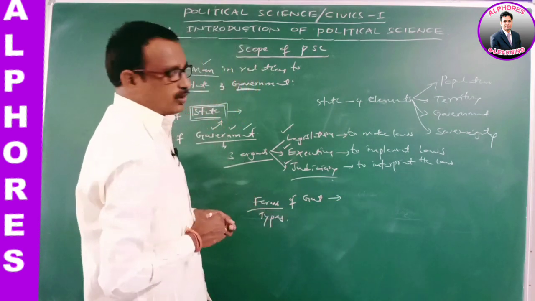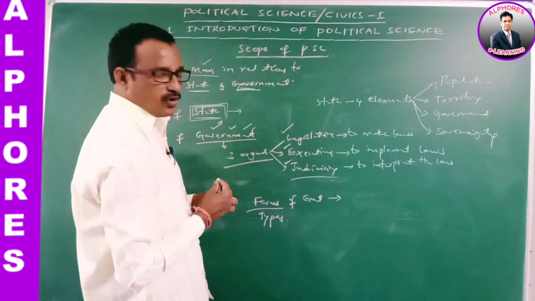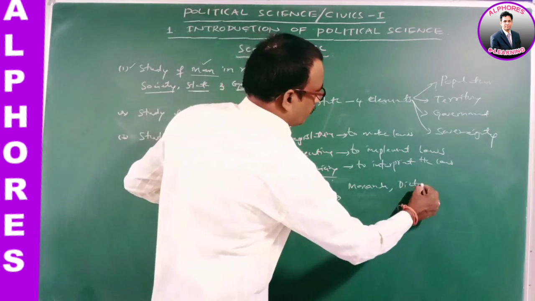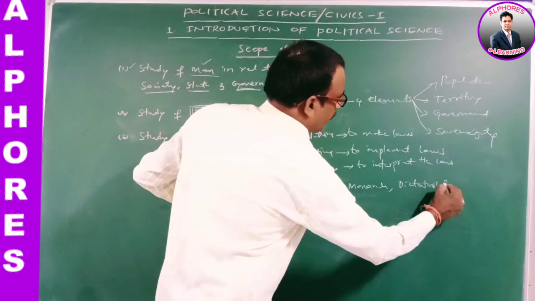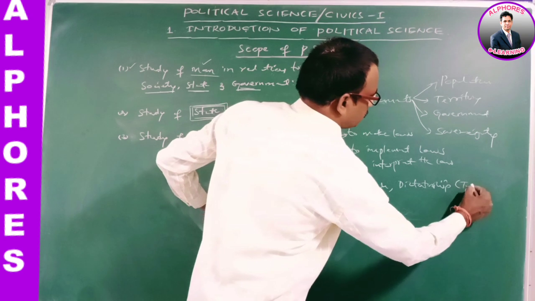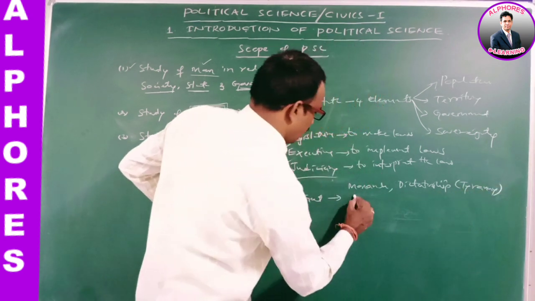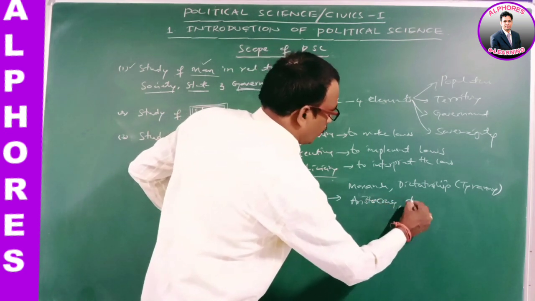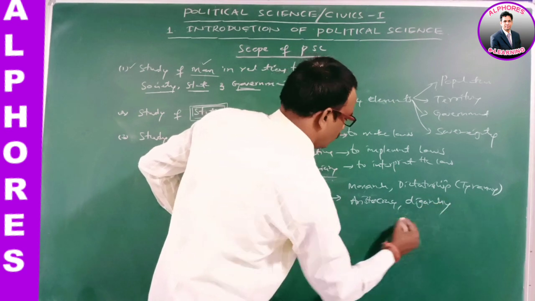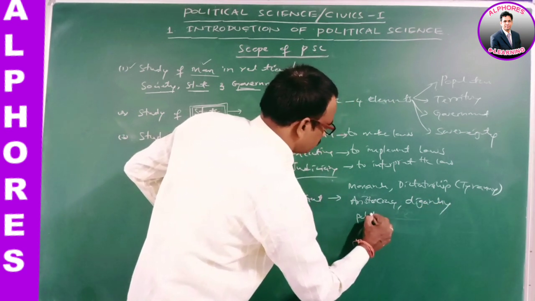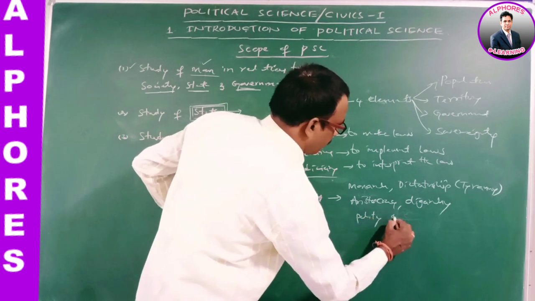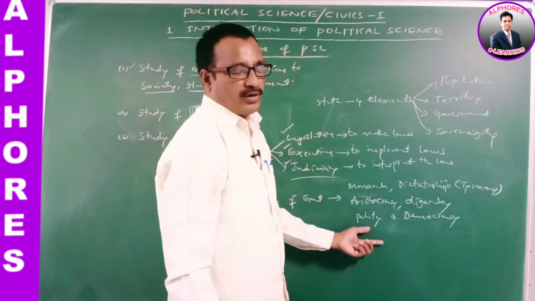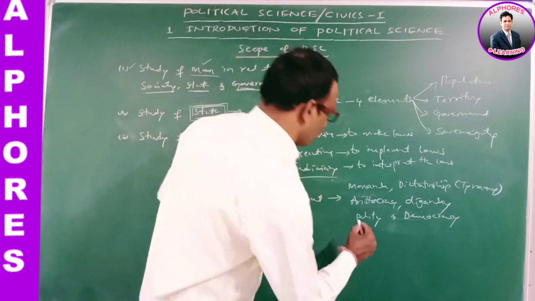It explains different types of governments like monarchy, dictatorship or tyranny, aristocracy, oligarchy, polity and democracy. And some more governments also there: unitary government, federal government, parliamentary government.